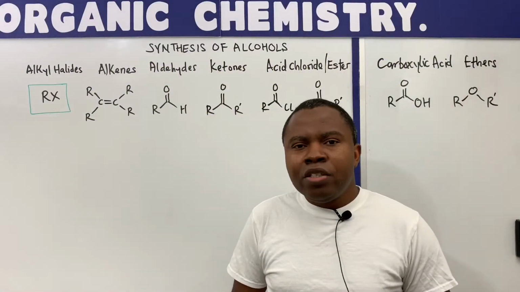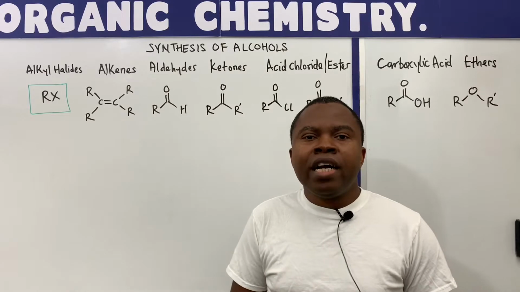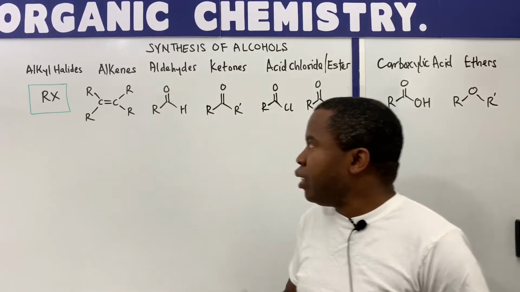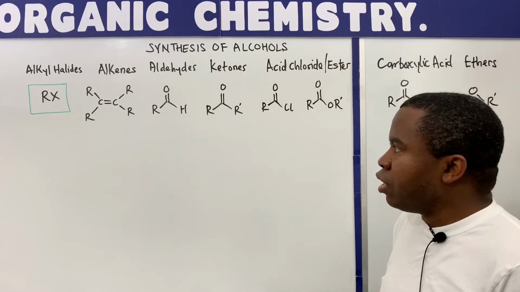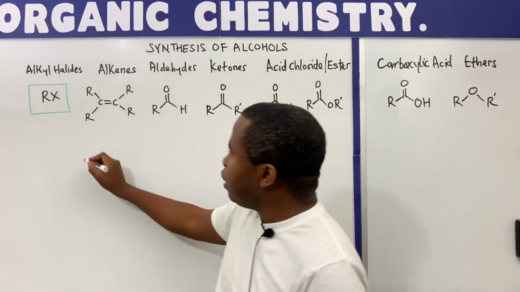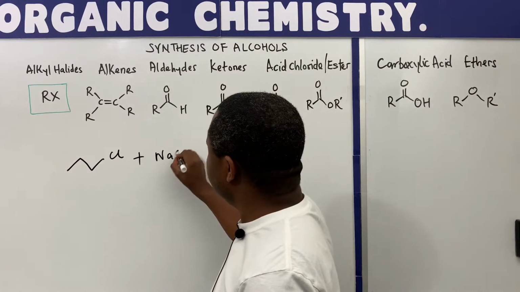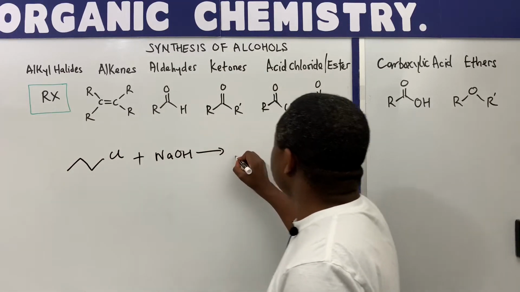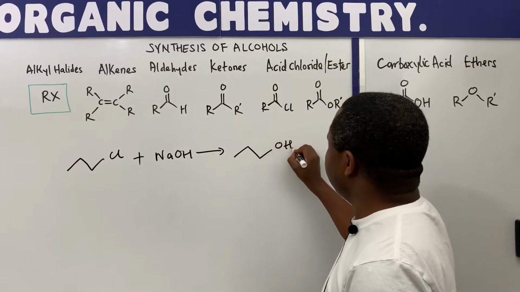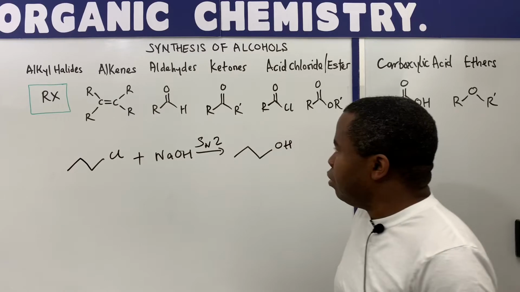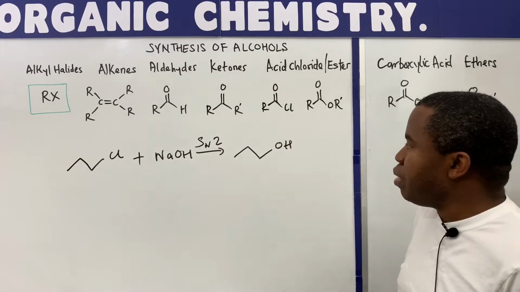So the first method is to synthesize alcohols from the alkyl halides using the nucleophilic substitution reaction. RX is used to denote alkyl halides. We can have something like this. And this is an SN2 reaction, nucleophilic substitution bimolecular.